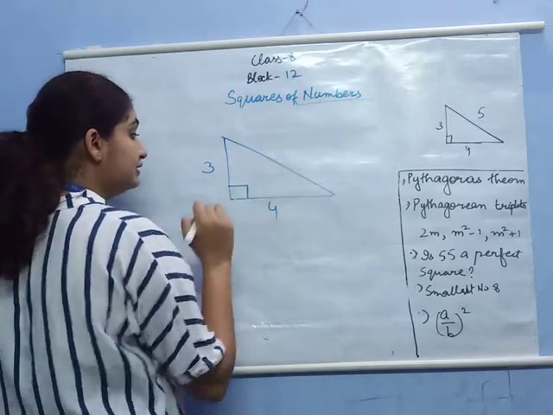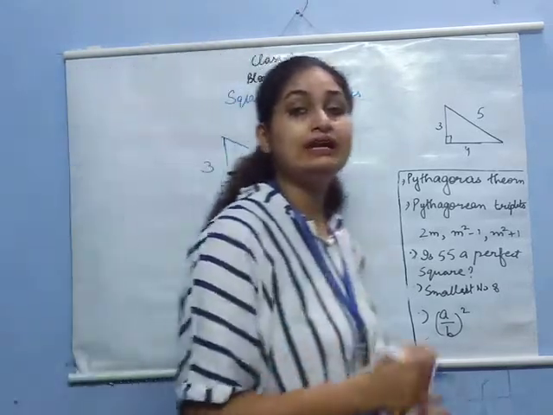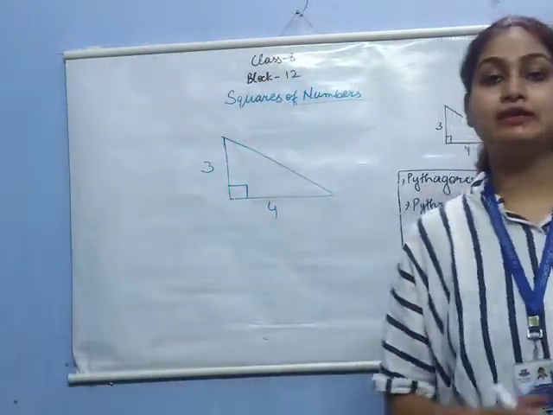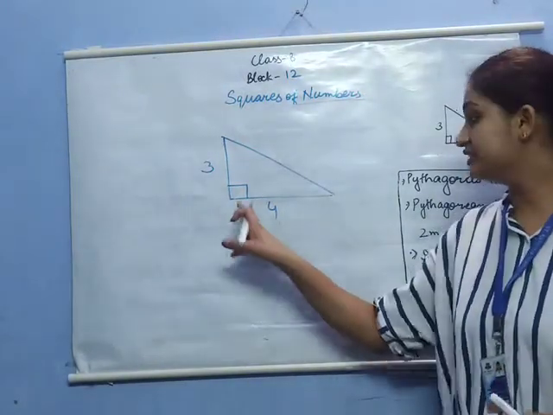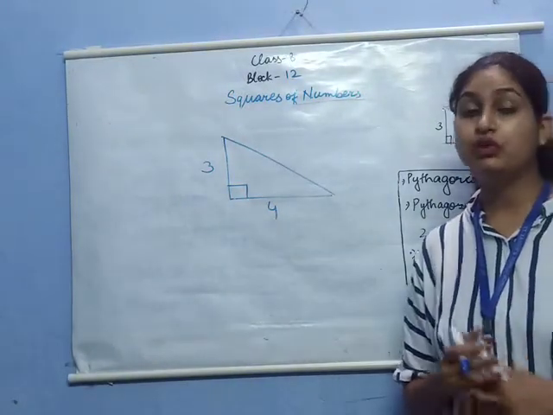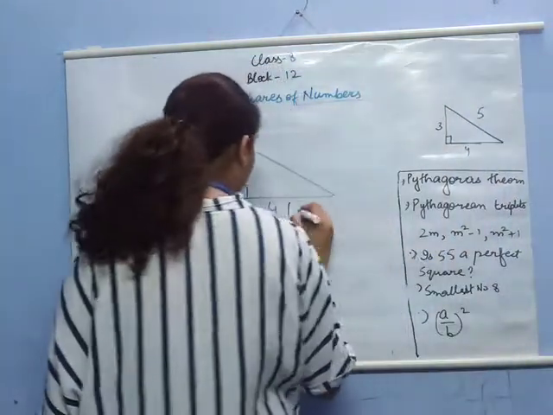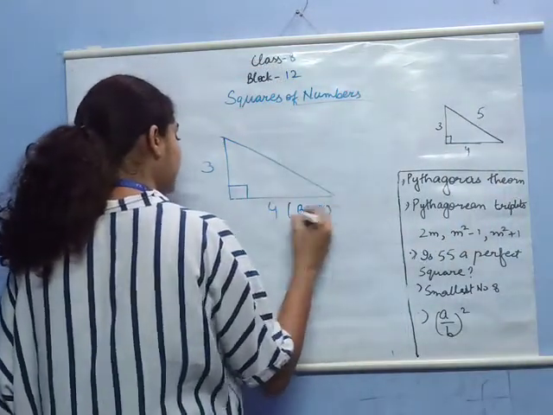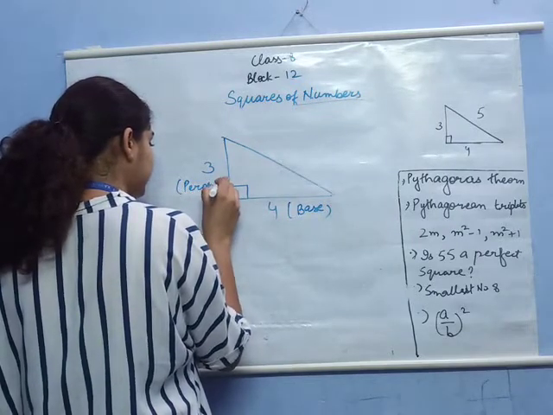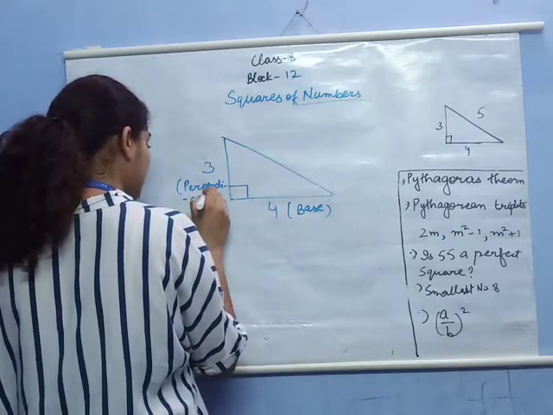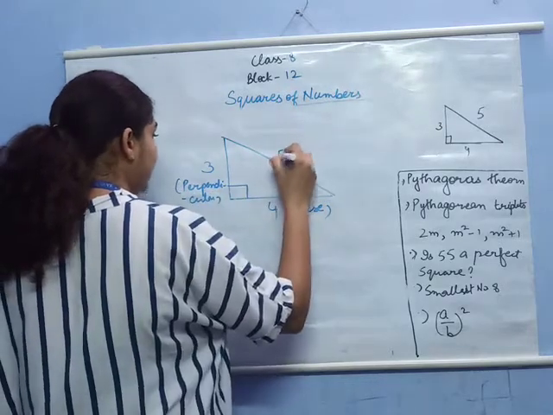If this angle is 90 degrees, if it's a right-angled triangle, then the Pythagoras theorem is going to apply over here. This we call base, this we call perpendicular, and this will be the hypotenuse.